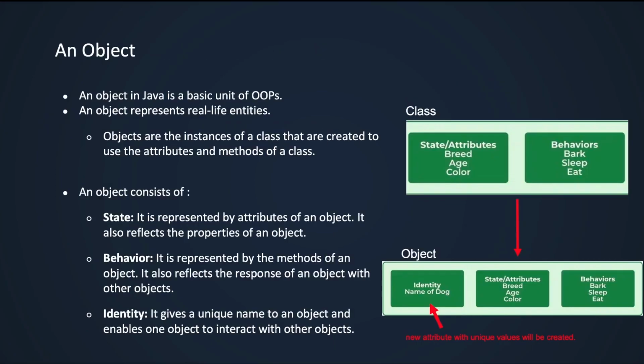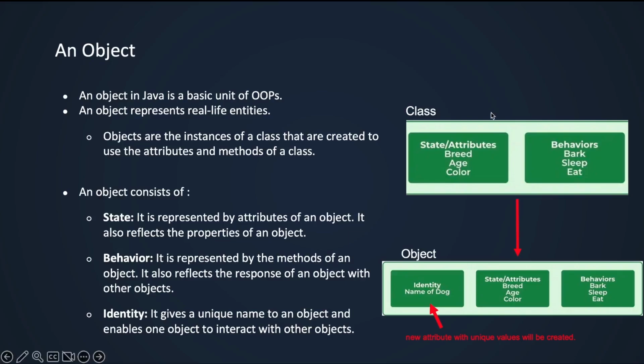We create objects for the class, and these objects represent the real world. Thus, when we are creating objects, any programming language, whether it is Java, Python, or any other OOPS based programming language, allocates memory for the object.